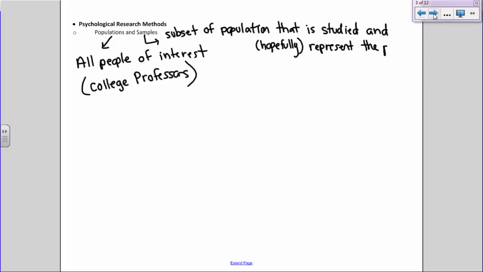That's a big hopefully. So an example would be NSC, Nevada State College professors. That's who I have access to, so I'm going to study them.